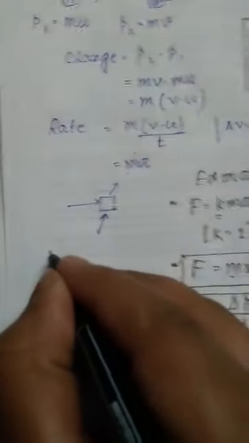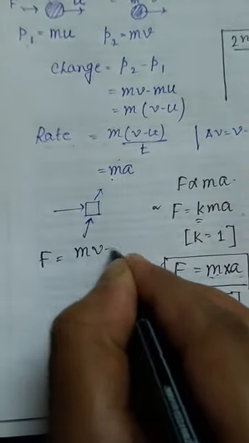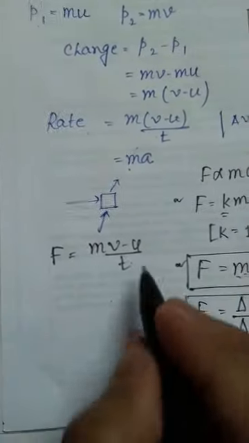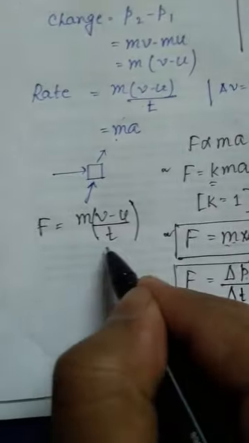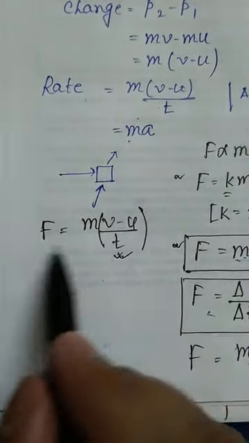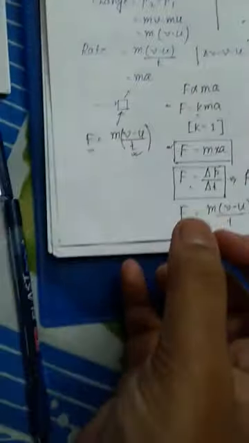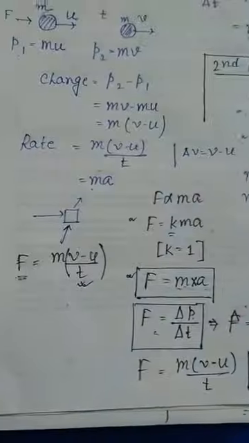How? The formula is F equal to m into (v minus u) by t. When we give more time to catch the ball, the force will decrease. That means our hand will be safe and we shall not be hurt, because the ball can fracture our hand.